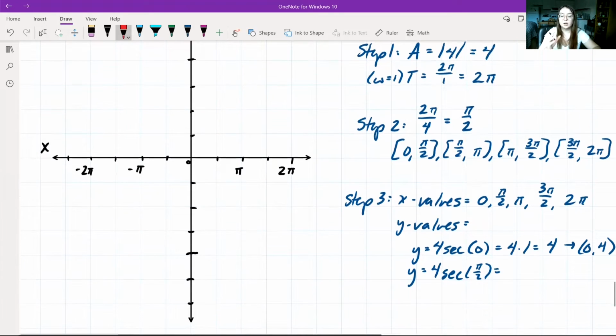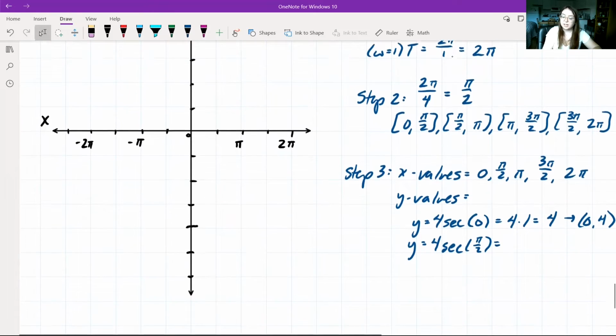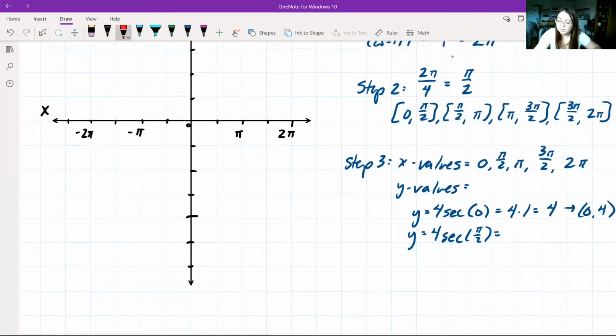Because cosine has values of 0 at pi over 2 and 3 pi over 2, this means that we can't use pi over 2 or 3 pi over 2 as our x values. So this means that our next point has to be pi. So 4 secant of pi is going to end up being negative 4. 4 times negative 1 gives us negative 4, which means that our next point is going to be (pi, -4).